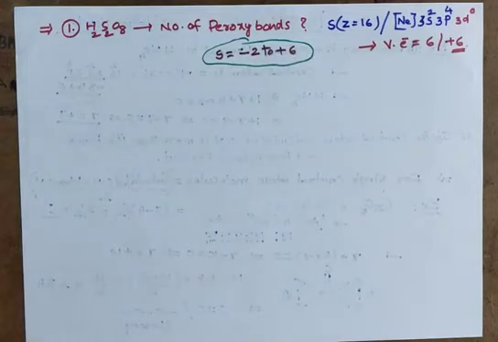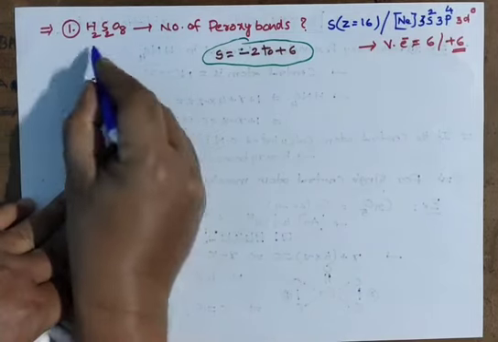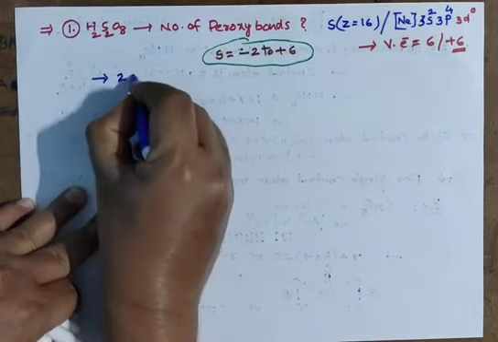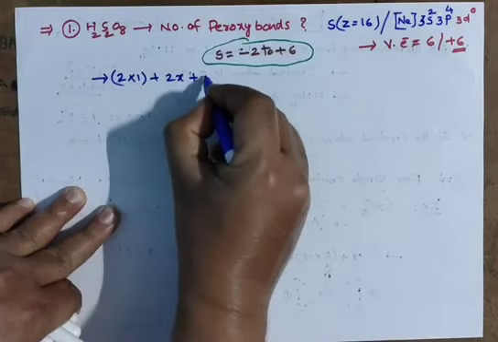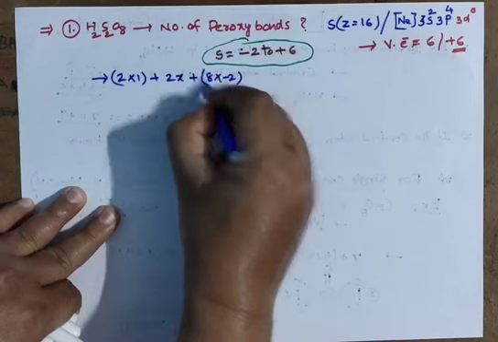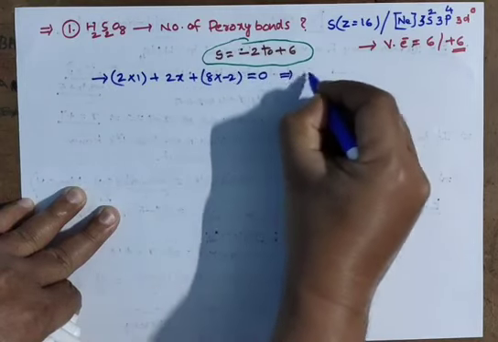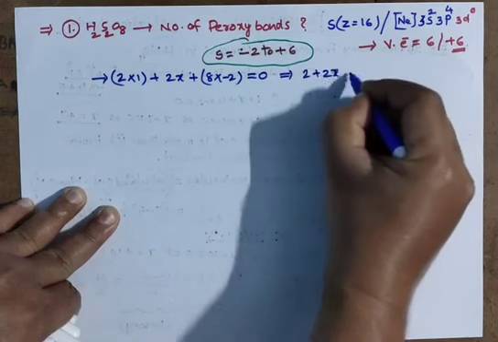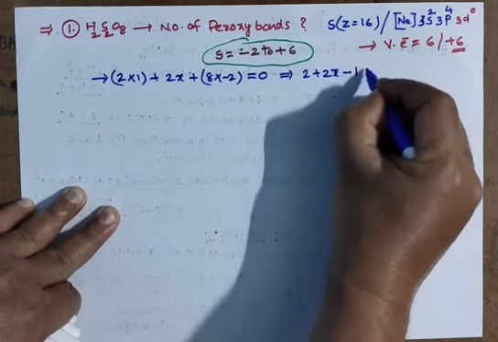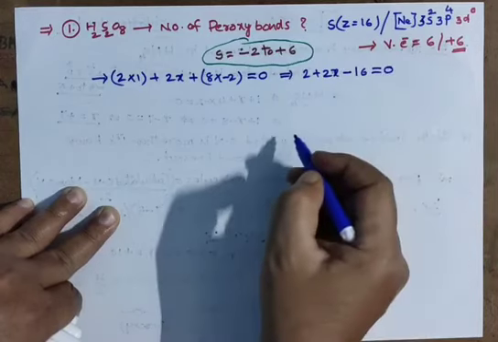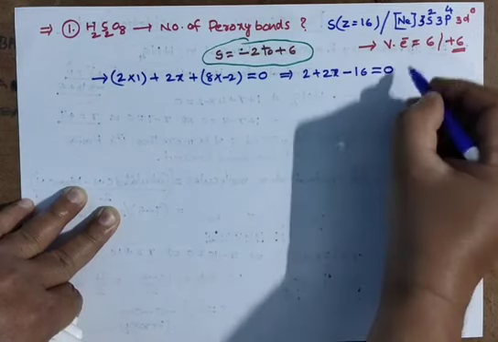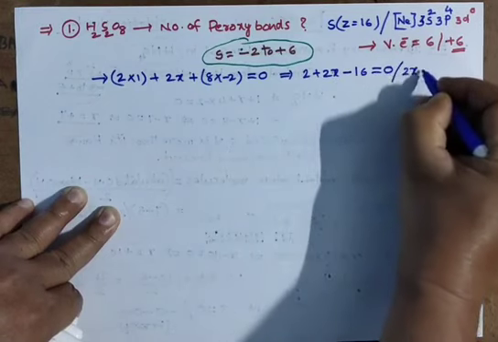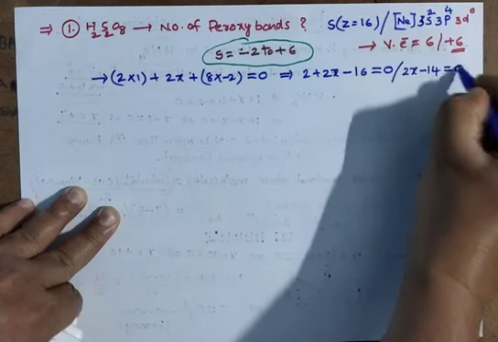So now you calculate in the given molecule. Go for here, H2S2O8: 2 hydrogens, 2 into 1 plus 2x plus 8 into -2 equal to 0. That implies 2 plus 2x minus 16 equal to 0, and that implies 2x minus 14 equal to 0.